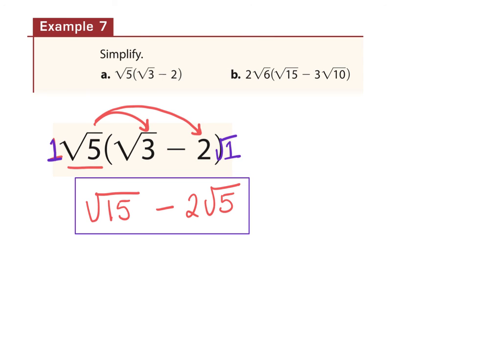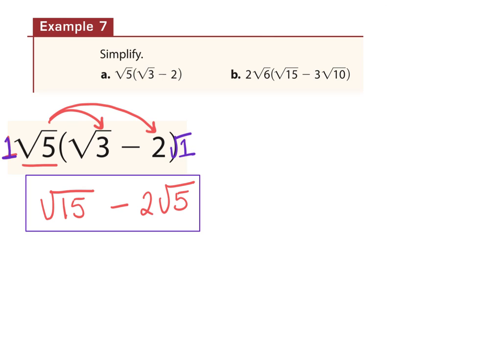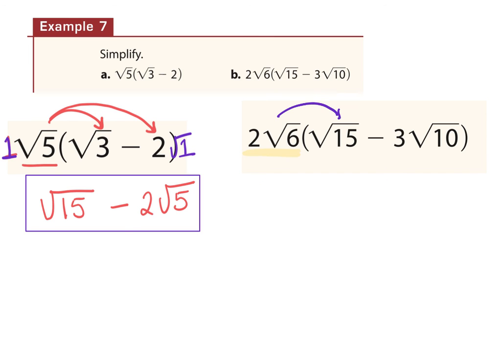Let's look at the next one. We're going to do this one a little bit differently so that we can look at it a different way. All right, let's look at this guy. We are distributing this entire thing through. So I'm going to write it out. I'm going to distribute this to this. I'm going to say 2 square root of 16 times the square root of 15.